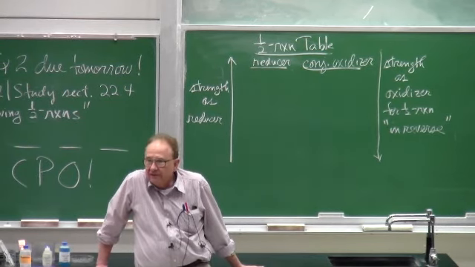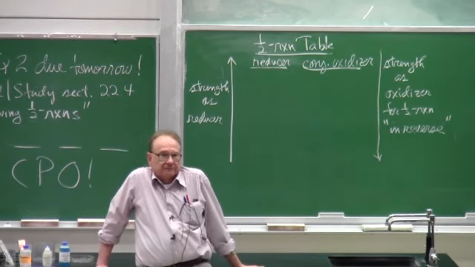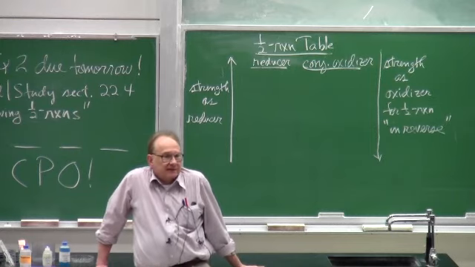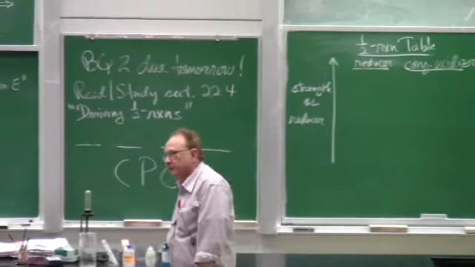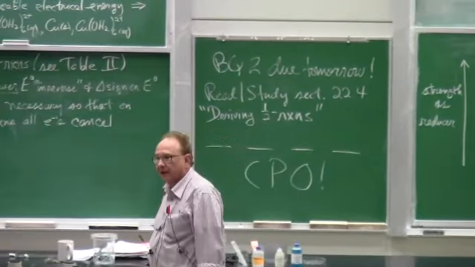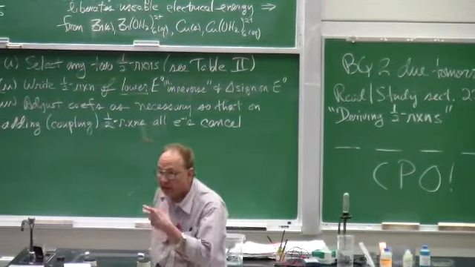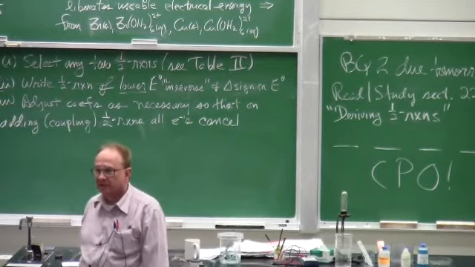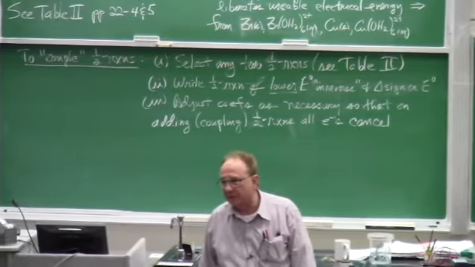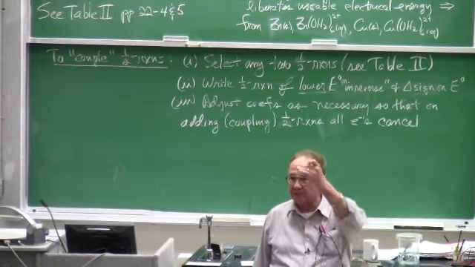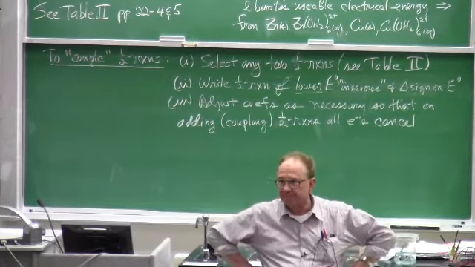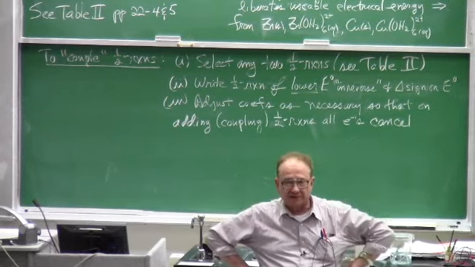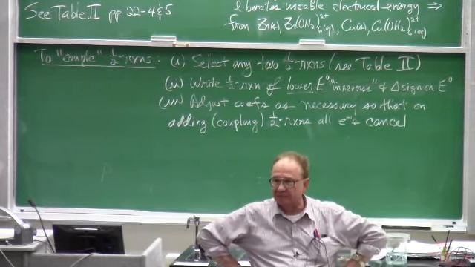Here we have a collection of half reaction equations. You remember in the acid-base table the acids were listed in order of increasing strength in the acid column, and the corresponding conjugate bases of these acids were listed in order of increasing strength top to bottom. Bottom to top for the acids, top to bottom for the bases.